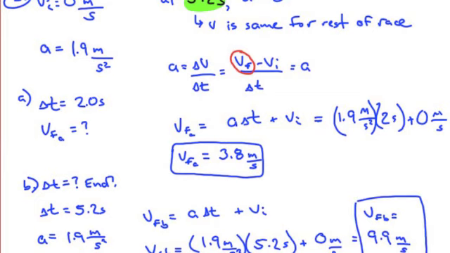So to illustrate this, get a new page here. Hopefully I can help illustrate what's going on here by drawing a simple graph. This is our velocity here, and this is in meters per second. And this is our time in seconds.